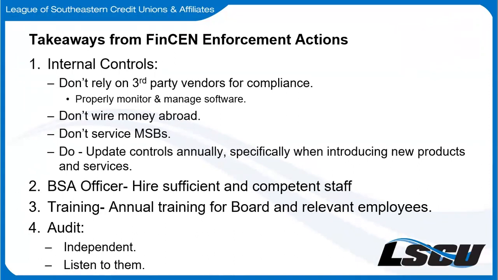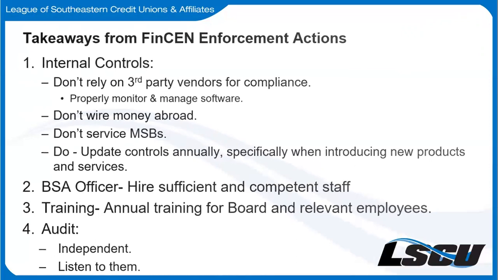But also, once a year, ensure that you have updated controls, especially when introducing any new products, services, or changing anything with the makeup of the credit union. Continue to hire amazing staff and make sure that you keep your BSA officer up to date, as well as the rest of your employees and board, with annual training. And always make sure you take any recommendations that may come from your audit.